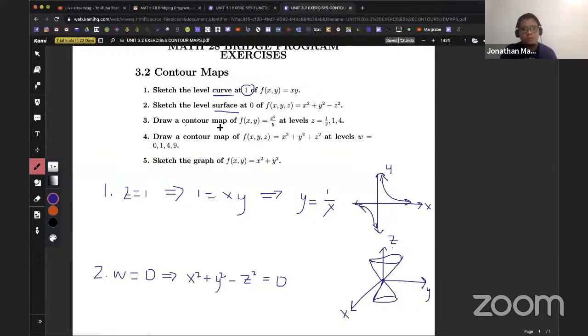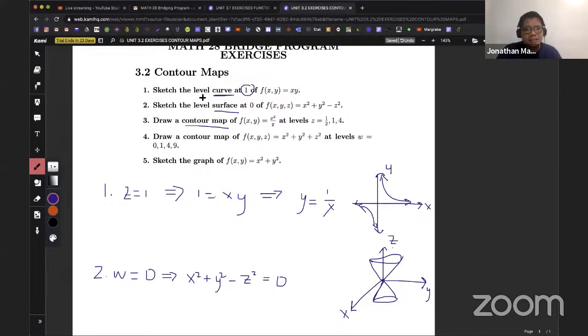Now, contour map, ang ibig sabihin ng contour map is a set of level curves. Okay? So pag contour map, pinagsasama-sama mo lang yung mga level curves or level surfaces natin.